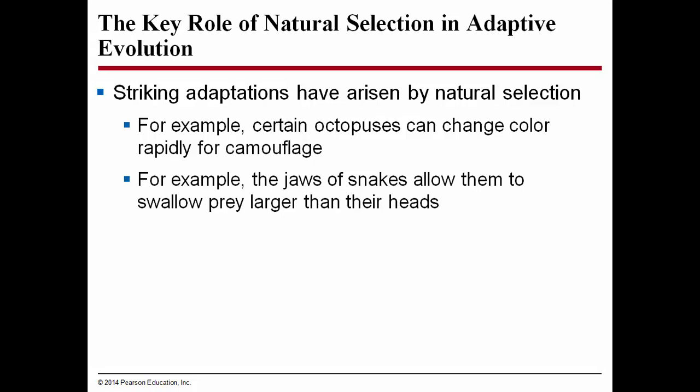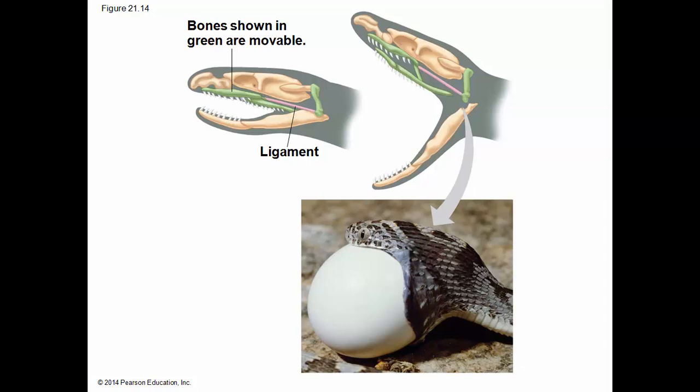So this is a small river snake. It can consume a fish that is much larger than itself because it's able to disconnect its jaws and open them up to consume that organism. Here we even have an illustration.